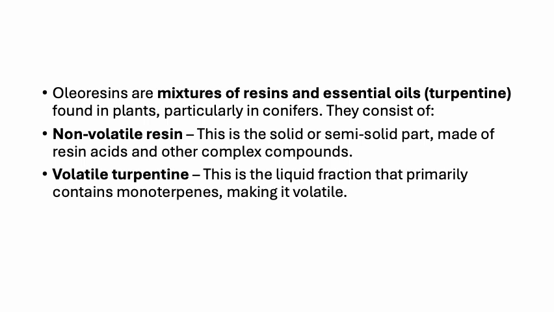If option C had 80:20, that would be right because you have a maximum of the non-volatile resin and a minimum of the volatile turpentine. So here the non-volatile resin is either a solid or a semi-solid part. And this volatile turpentine, we know that it is a monoterpene. That makes it volatile.